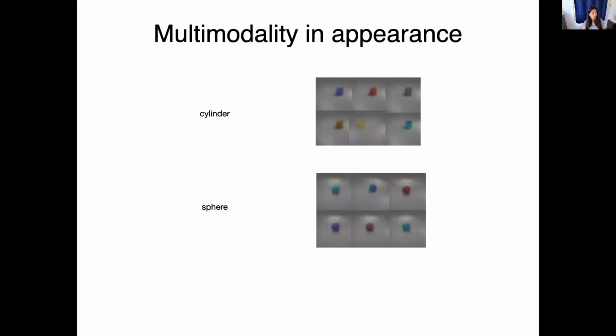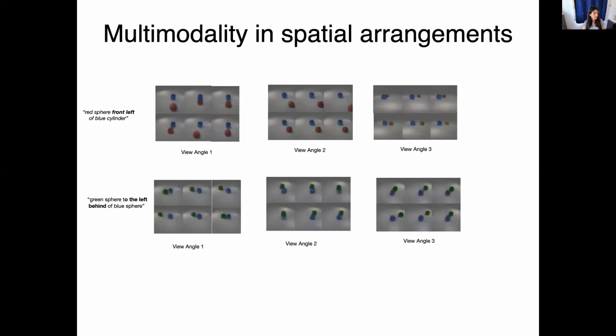And because we use stochastic networks, we can preserve multimodality in appearance, as well as multimodality in the spatial expressions. For example, here I'm showing all different instantiations of what it means for the red sphere to be front left of the blue cylinder. All these are different front lefts. And here are some different viewing angles where you can see it.